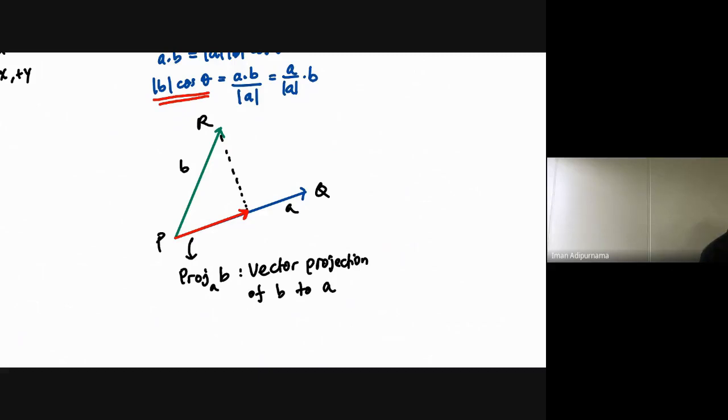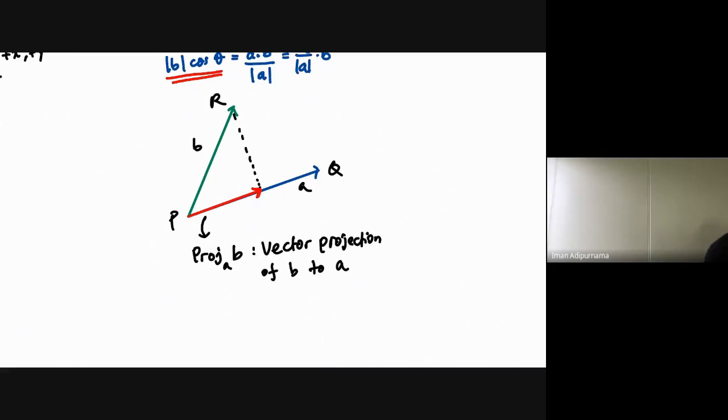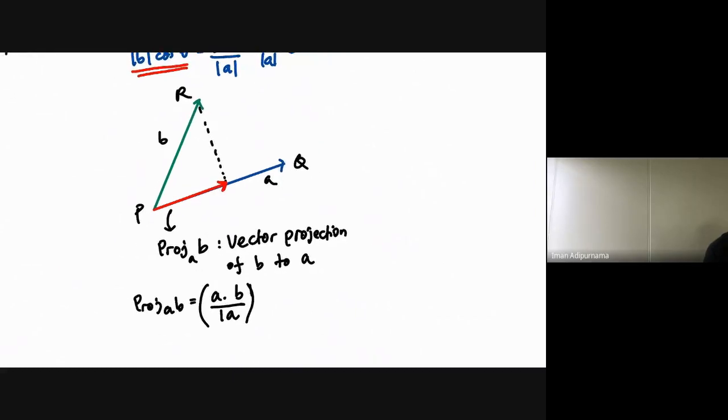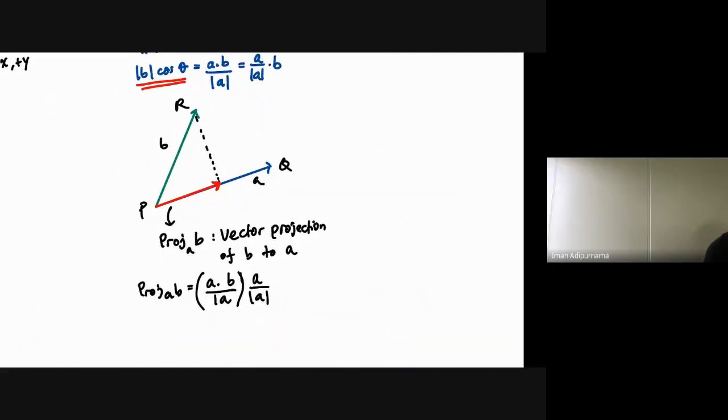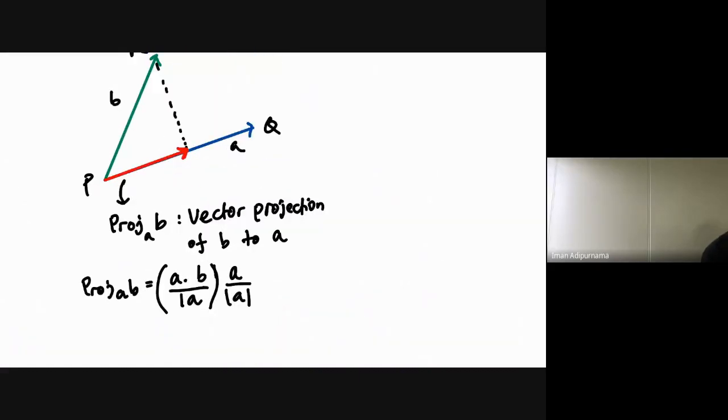The difference is this is a vector. We have direction now. So we can write this as the terms in the scalar projection, but we are calculating the unit vector, multiplying the unit vector.